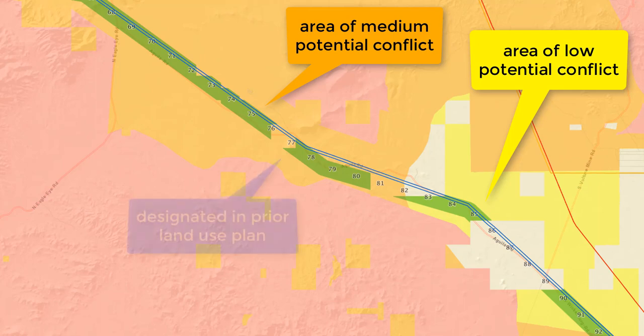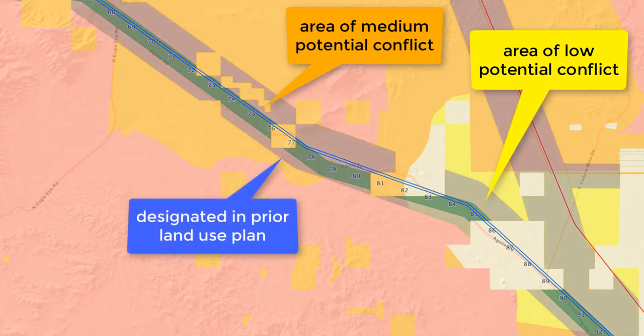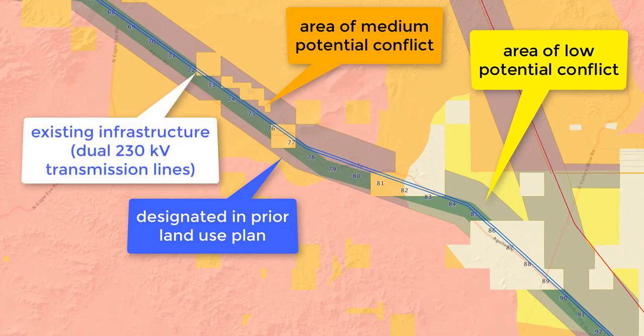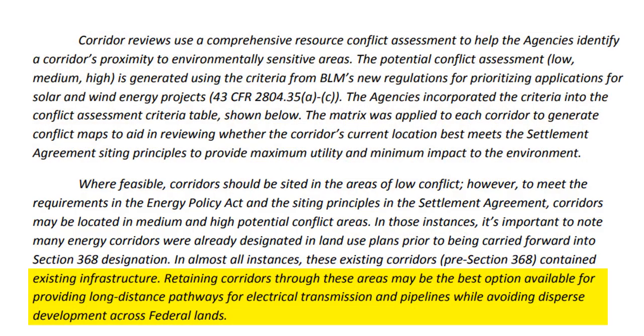In those instances, it is important to note that many energy corridors were already designated in land use plans prior to being carried forward into the Section 368 designation. In almost all instances, these existing corridors, pre-Section 368, contain existing infrastructure. Retaining corridors through these areas may be the best option available for providing long-distance pathways for electrical transmission and pipelines while avoiding dispersed development across federal lands.